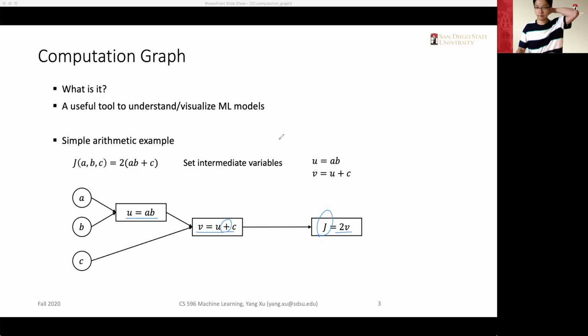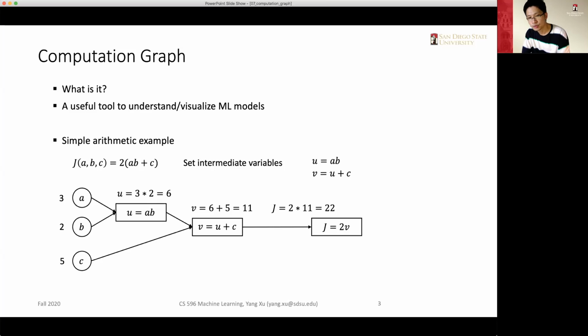With this graph, we can do very simple computations step by step. Say with the example inputs 3, 2, and 5, we can compute u, which is 6. Then we add 6 with 5, which is 11, and then 2 times 11 gives us 22.